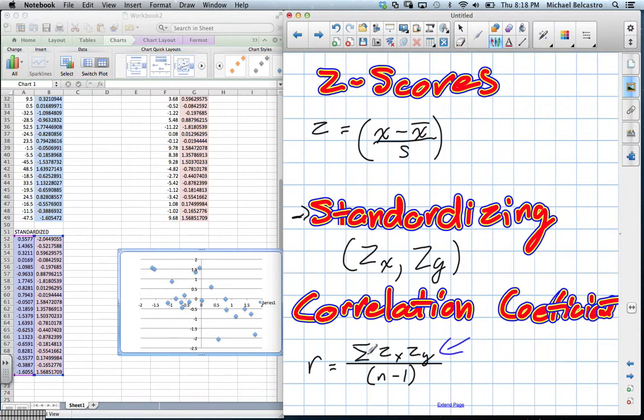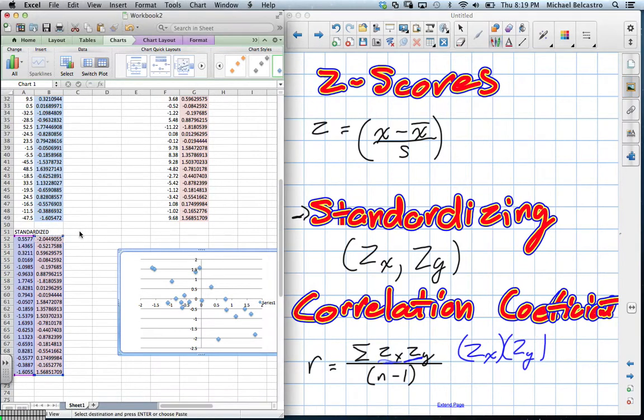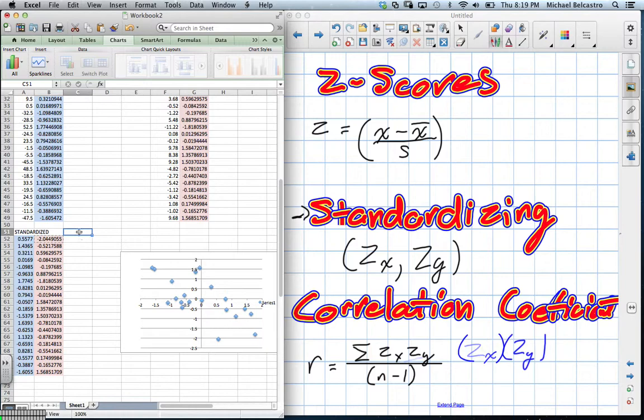Okay, sum of all these ZX's times the ZY's. So I got to multiply ZX times ZY. That's what that means. So I'm doing all the Z scores of X times all the Z scores of Y. That's really easy. So I'm going to write it like ZX, I'm in caps lock, so ZX times, again, you don't have to title things, I'm just doing this for our sake.